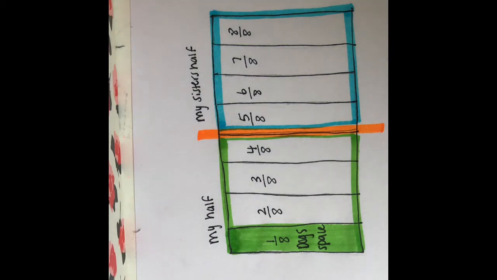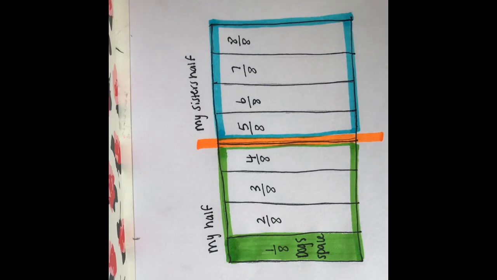So my sister and I moved into an apartment together, and we each decided that we get half of the space. So we equally divided the apartment into a half, and I realized I wanted to bring my dog to the apartment, and I decided I need to give my dog a fourth of my space, not a fourth of the whole house or the apartment, but just a fourth of my half.